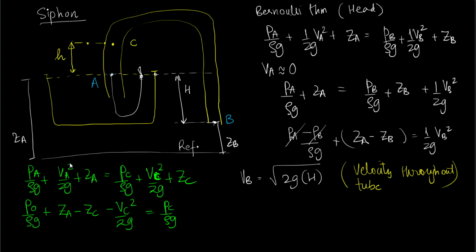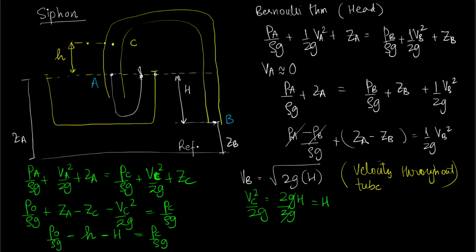And this is going to be equal to PC upon rho g. And this ZA minus ZC is equal to minus small h. So this becomes P naught upon rho g minus h and minus VC squared upon 2g. So VB is also equal to VC, and thus VC squared is going to be 2gH. So VC squared upon 2g is going to be simply capital H. So this particular term is going to be minus H, and this is equal to PC upon rho g.